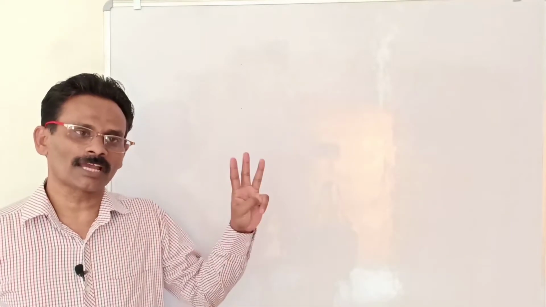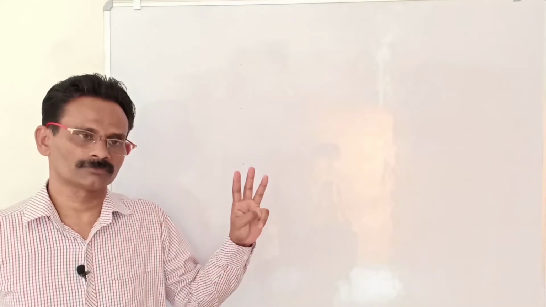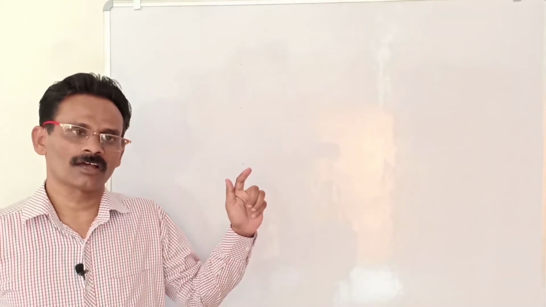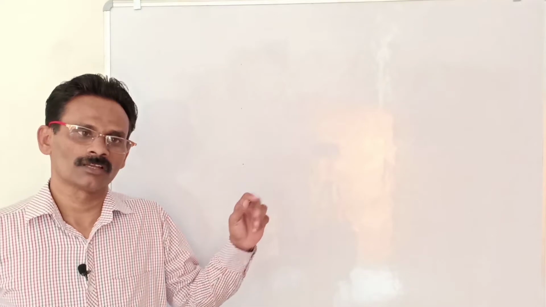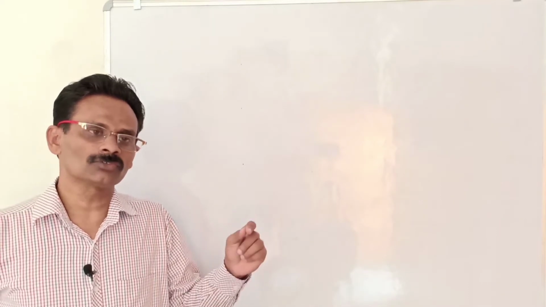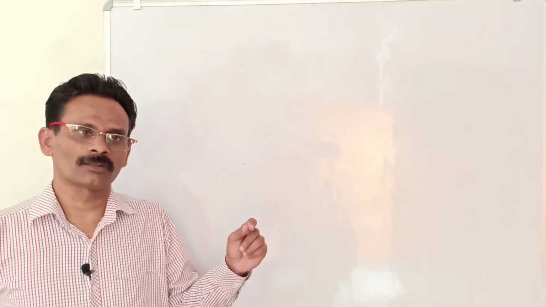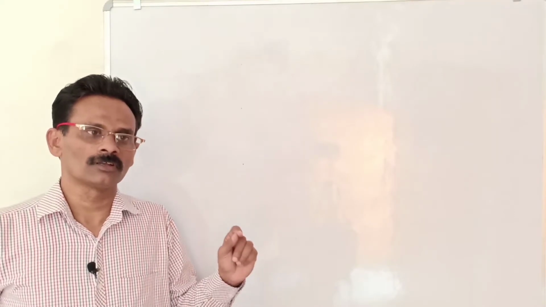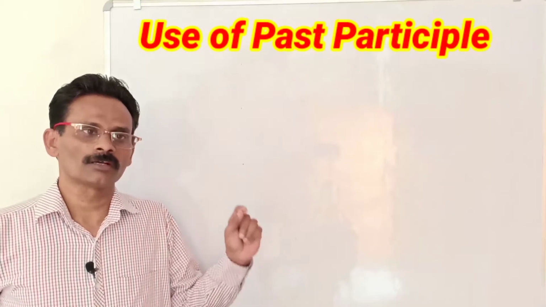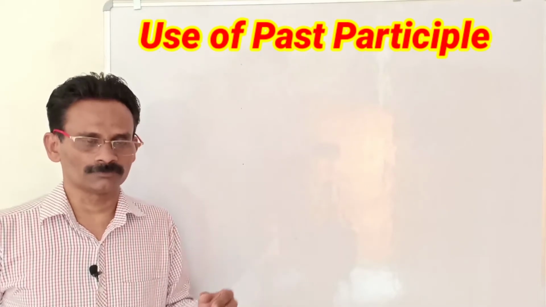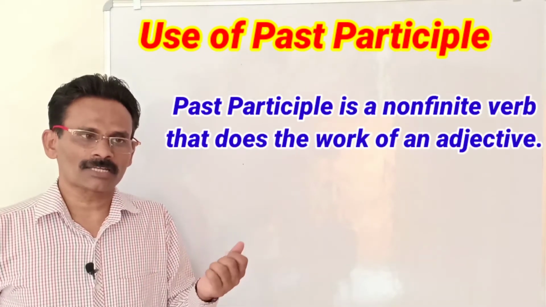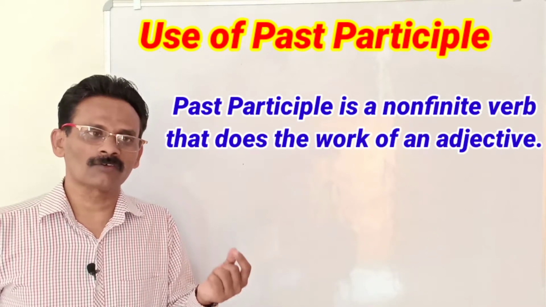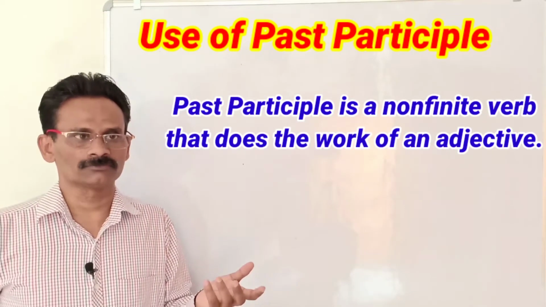There are three types of non-finite verbs: participle, gerund and infinitive. And we learned the use of present participle in the previous video. And we now learn the use of past participle. Past participle is a non-finite verb that does the work of an adjective.